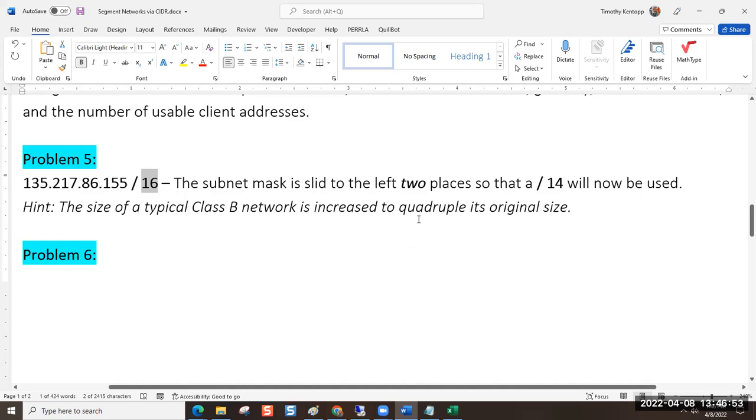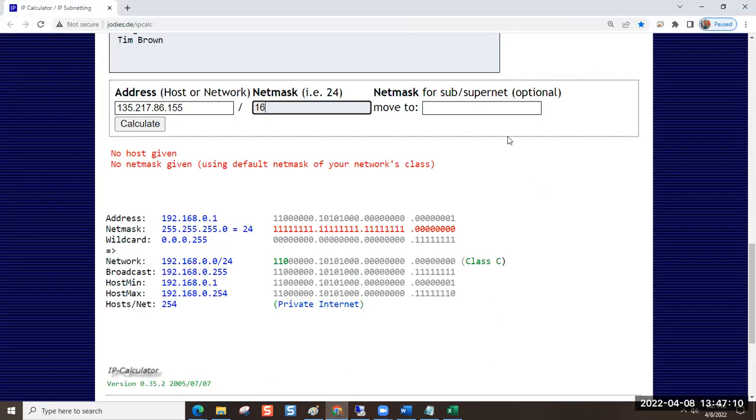And now I'm going to quadruple the size. Well, what happens when you quadruple 65,536? You get like 250,000 addresses, right? Let's see what happens. I'm going to move to a /14 and I calculate.